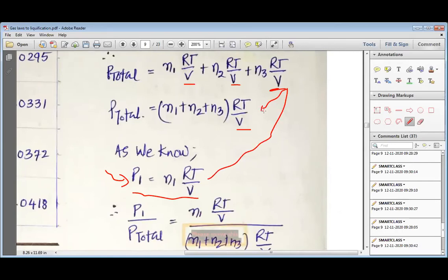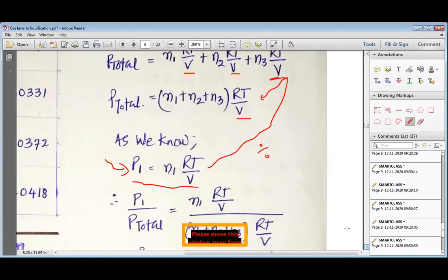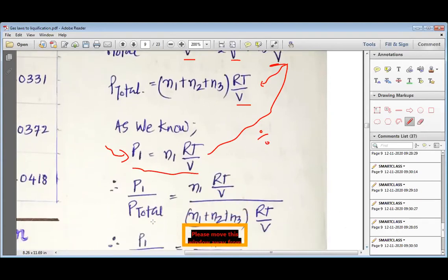So we'll take the division. What we should write here is P1 divided by P total.